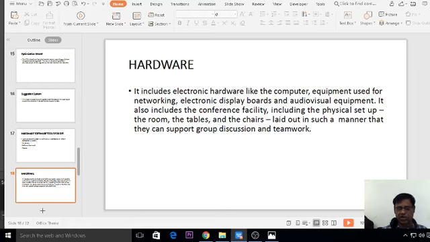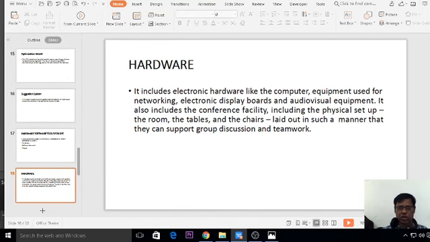Hardware is nothing but the system, the display, keyboard and printer, and sometimes we can send notes and letters. Audio video visual equipment is also known as hardware.